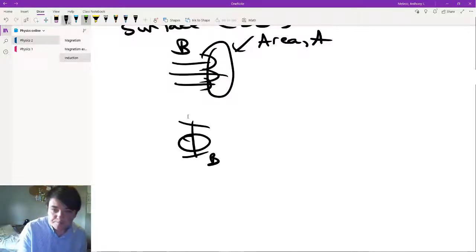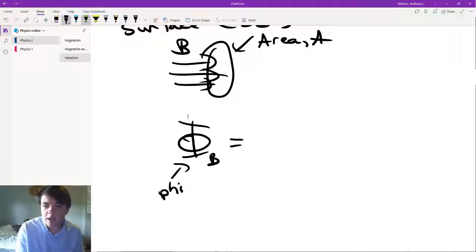So magnetic flux, phi B, is equal to the field, and because we're just doing 2D, the field that's perpendicular to an area A. Okay, so this is perpendicular.